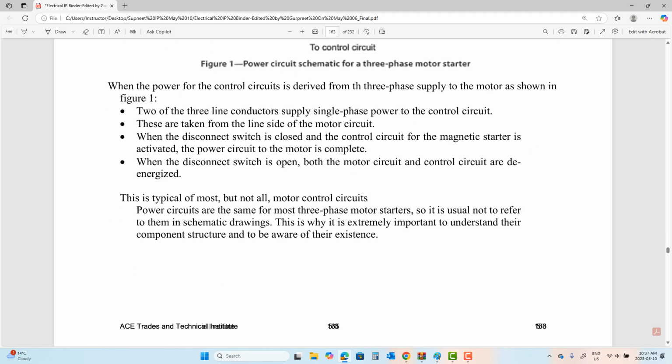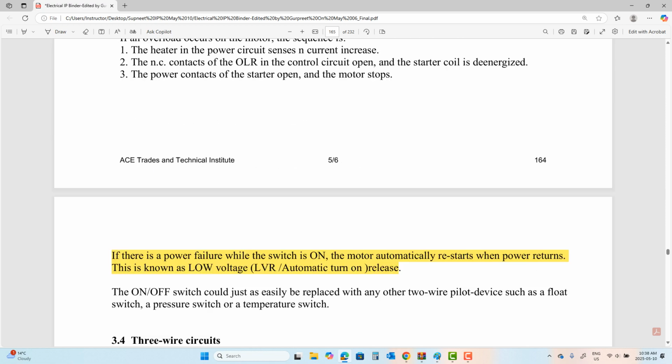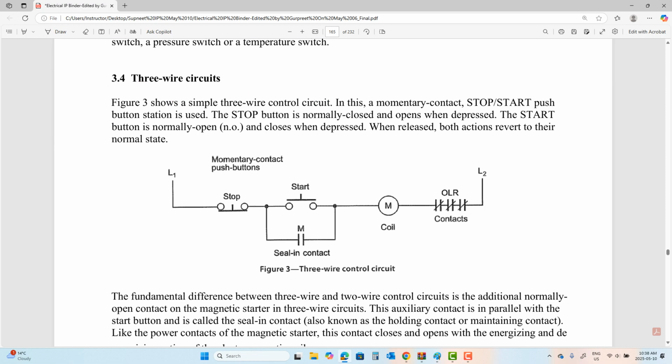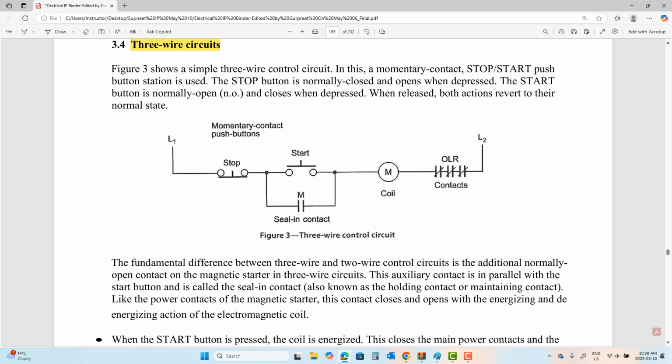Okay? So that's why sometimes we need a 3-wire control system if we need operator safety, like the example I gave you of a cut saw. What is a 3-wire control system? You have line 1, line 2, and the middle part, which is called a sealant contact. Okay? What happens here? Power comes in, you push the start button and hold the start button.